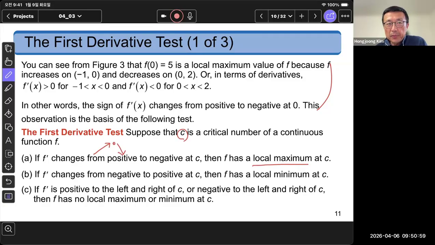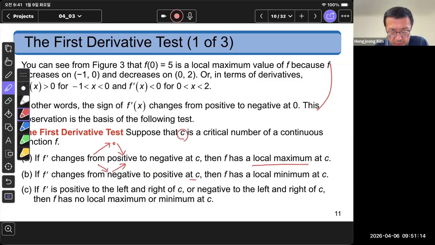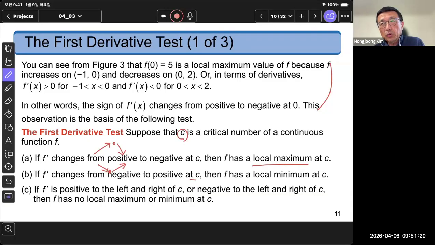And if f prime changes from negative to positive at some C, then at that point my function will have a local minimum.